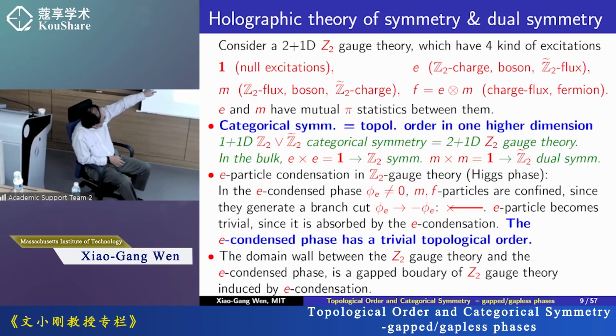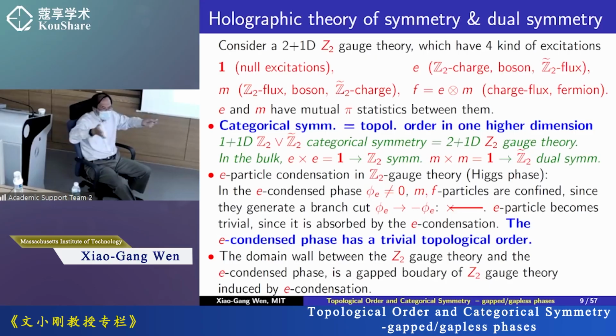Okay. And in the Higgs phase, this bosonic field has a non-zero expectation value. In this case, the M and F are confined because E and MF have non-trivial mutual statistics. So when you have M and F, the MF will create a branch cut in this condensate order parameter field. And this branch cut is long, so you have energy along the branch cut.